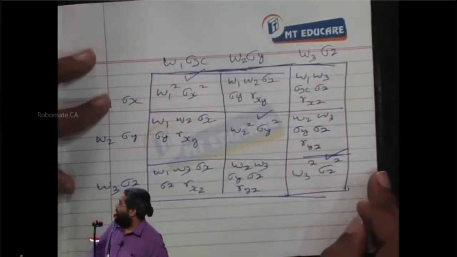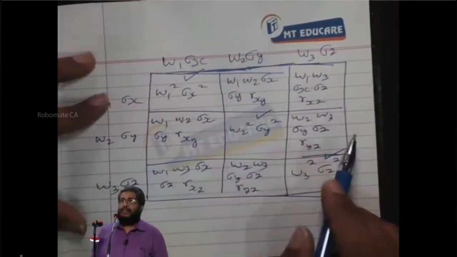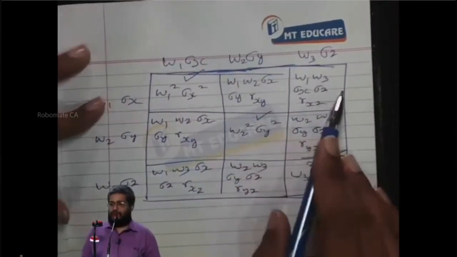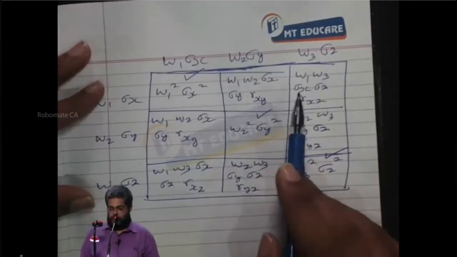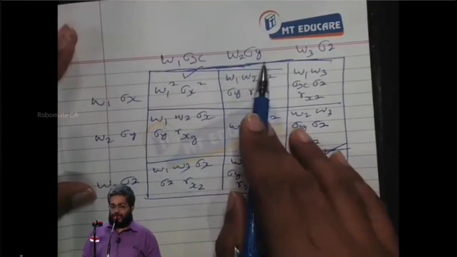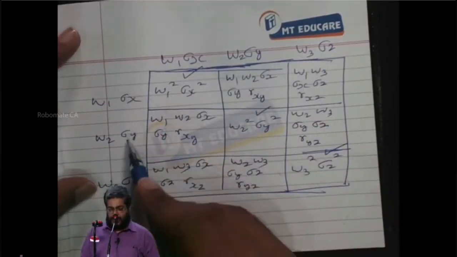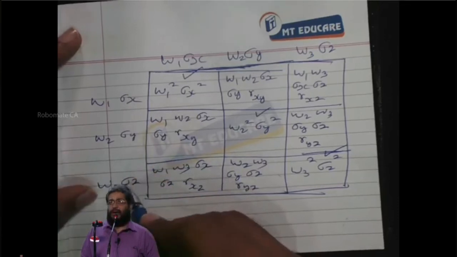Can I start or not? Just have 9 boxes. Have a 3 by 3 matrix. Columns W1 sigma x, W2 sigma y, W3 sigma z, and this is also W1 sigma x, W2 sigma y, W3 sigma z.